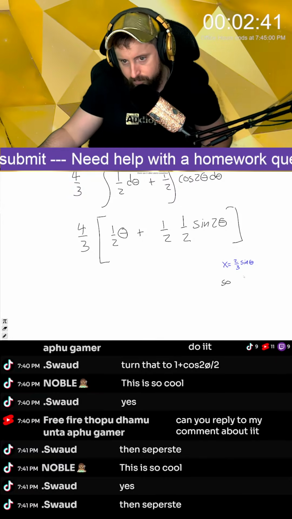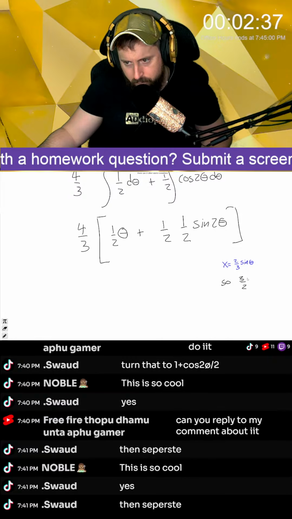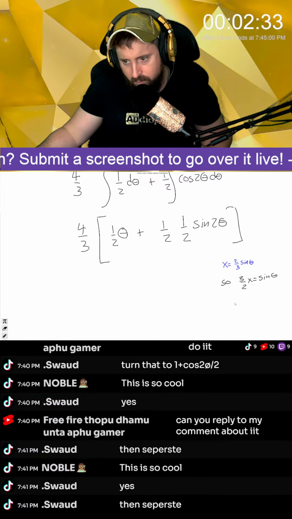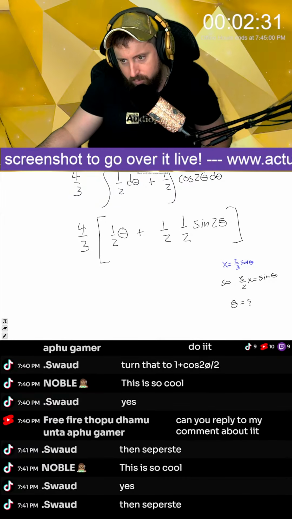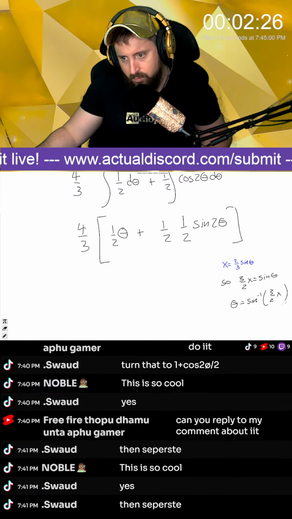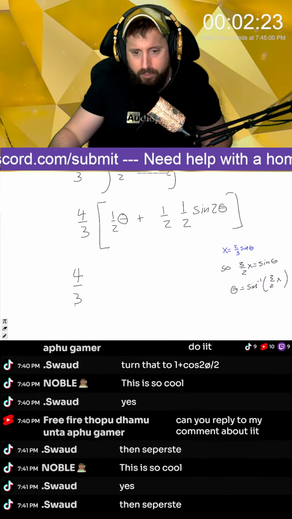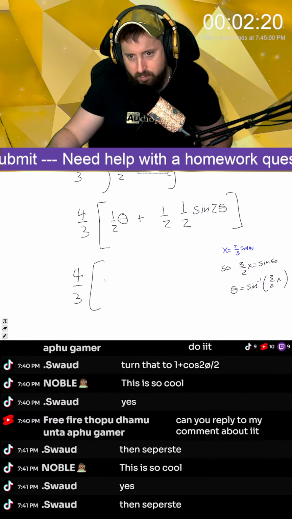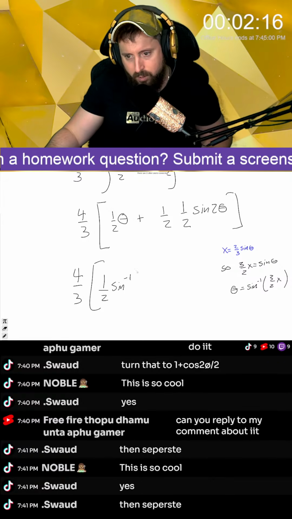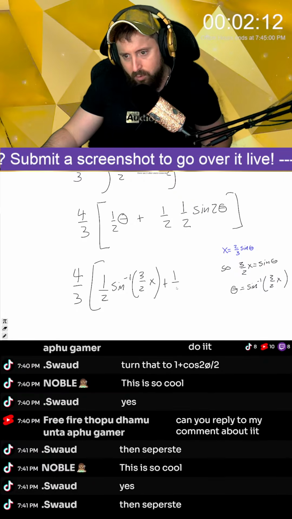So 3 over 2x is equal to sine of theta. So theta is equal to arc sine of 3 over 2x. So now it's 4/3 times 1/2 sine inverse of 3/2 x plus 1/4.